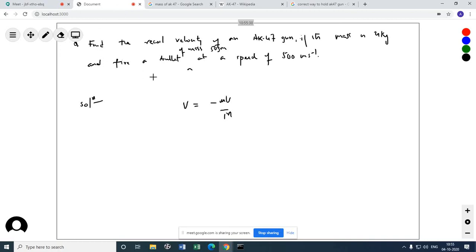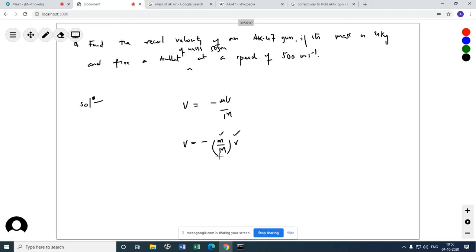Now the question is, how you should hold the gun? You see, it is m by M, correct? Now, if this mass is more, right? Here you cannot change m, you cannot change v.